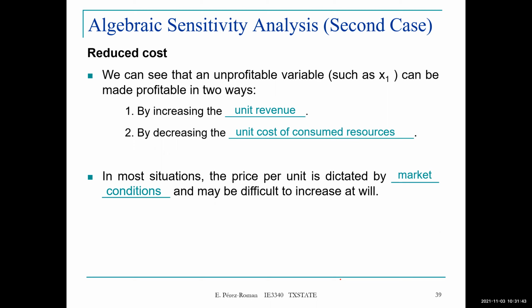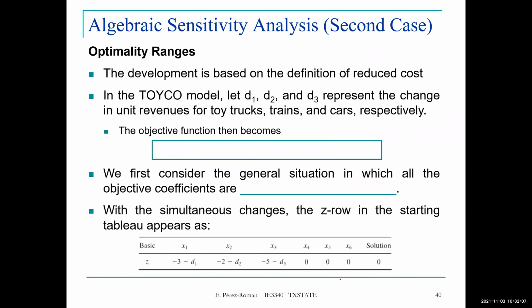So this is what this statement is trying to say. In practical situations, you don't necessarily have the opportunity to make those changes because the market is the one dictating the price of the units. So increasing the price of a product might be difficult. The other option that you have is to try to improve the way you are producing the product to make it less costly for your operation and then get a benefit from the product.